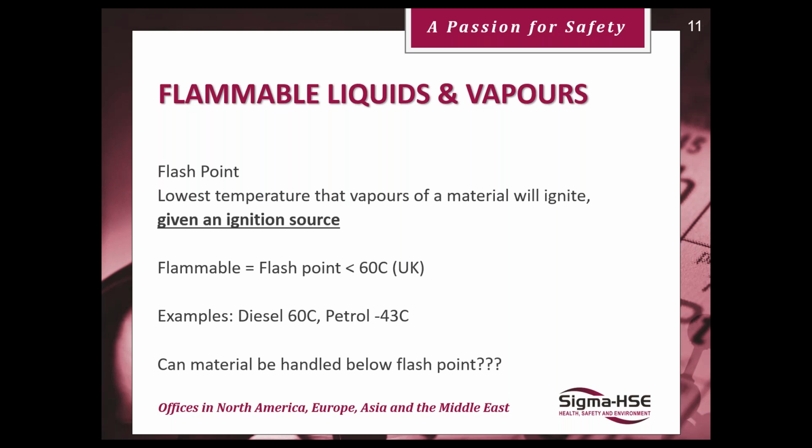And once we know the flash point, if it's below 60 degrees, we'll classify it as a flammable liquid, and you'll get a sticker on the container, and it'll tell you this in the MSDS data, telling you that it's capable of bursting into flame. But clearly, if we do know the flash point, and if we can make sure that we handle that liquid at temperatures below the flash point, there's not a problem. It's as simple as that.